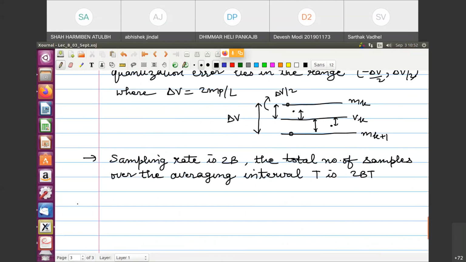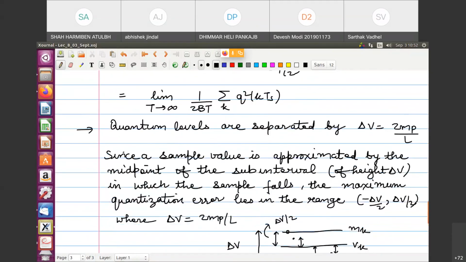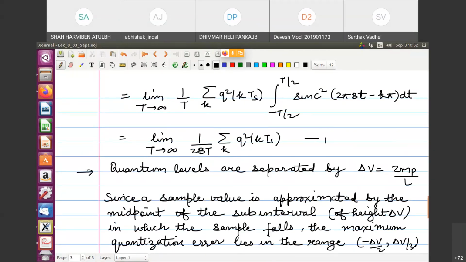So hence, let us say this is equation number 1.